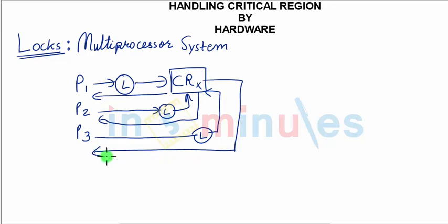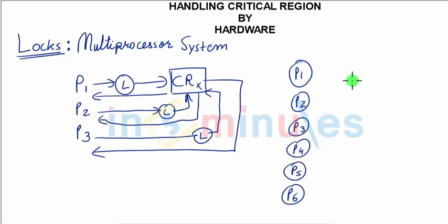So the phenomenon was fairly simple, but with a multiprocessing system there are two major changes. Number one, this time we have a series of processes waiting for accessing the critical region. The second problem is that there would be more than one critical region. Let's say critical region 1, critical region 2.